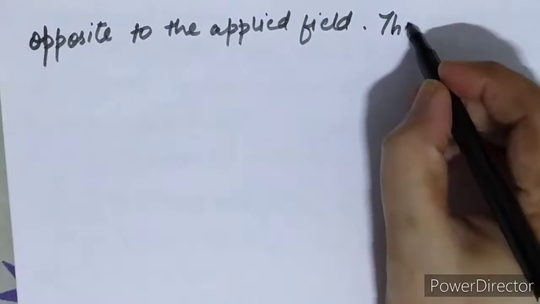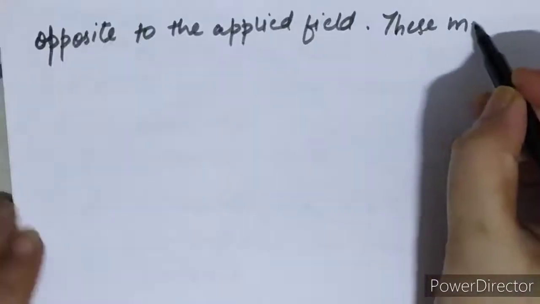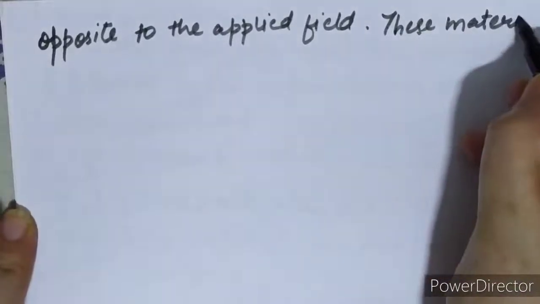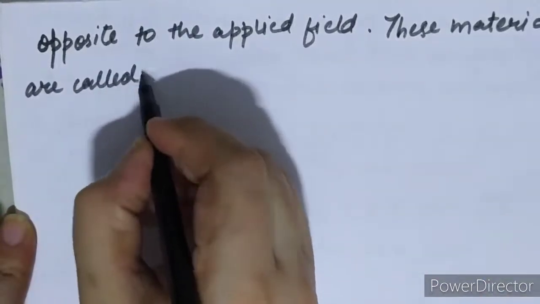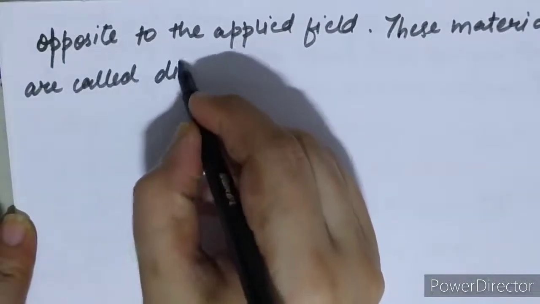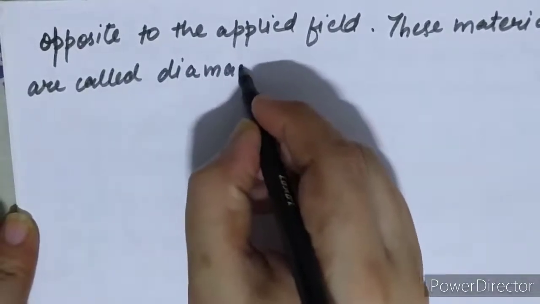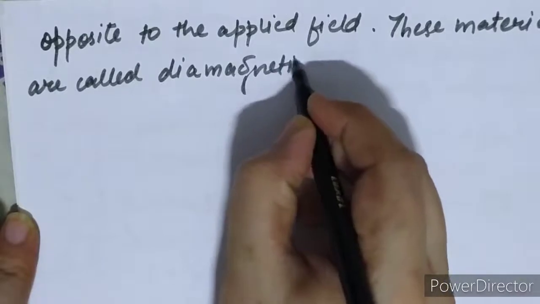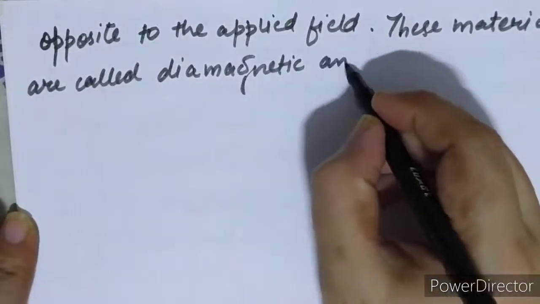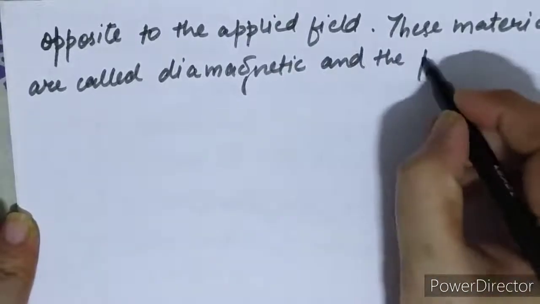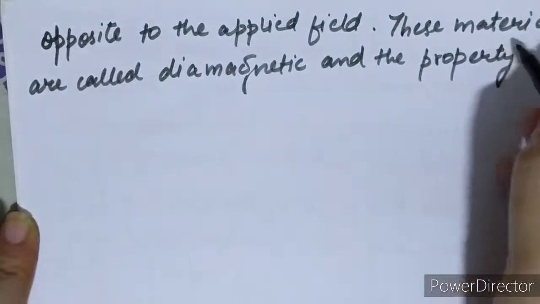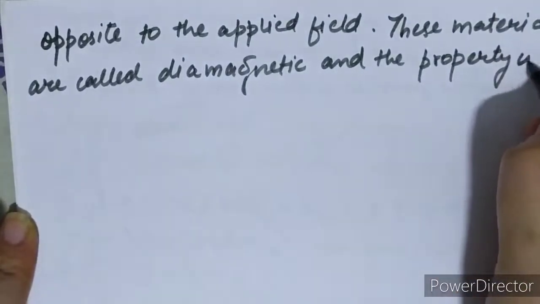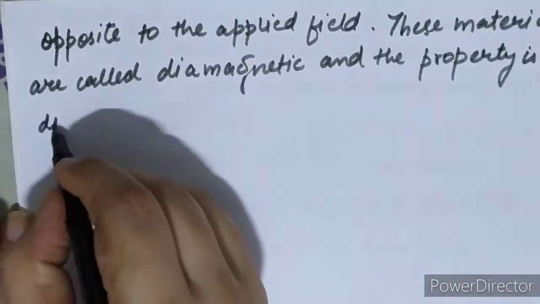Those materials are called diamagnetic, and the property is diamagnetism.